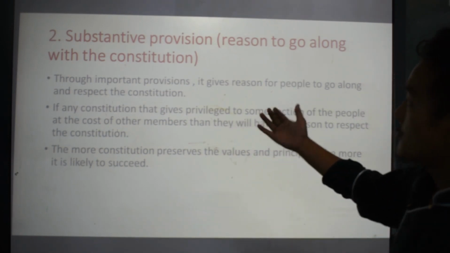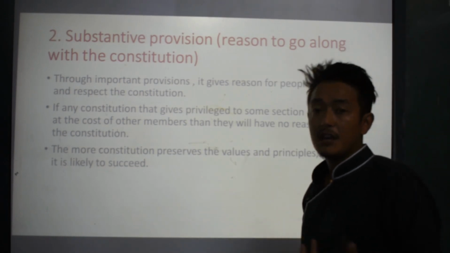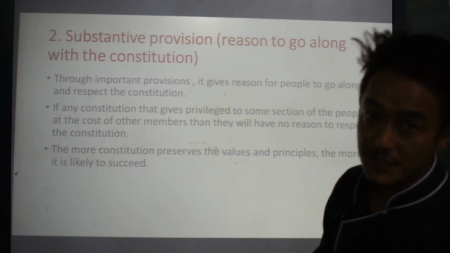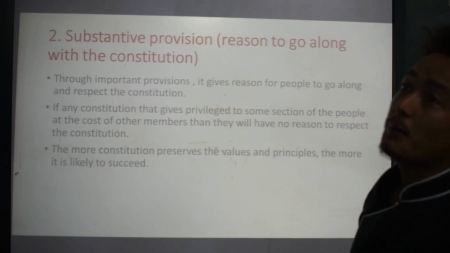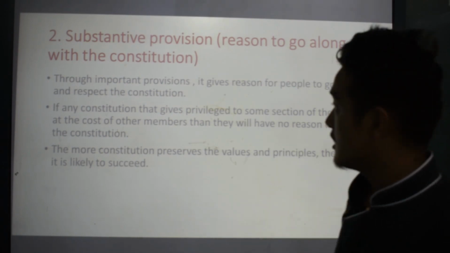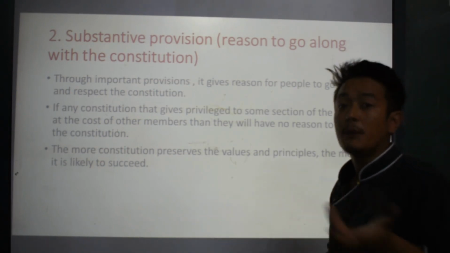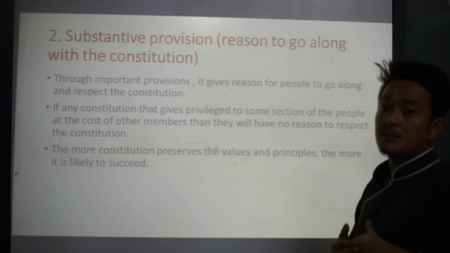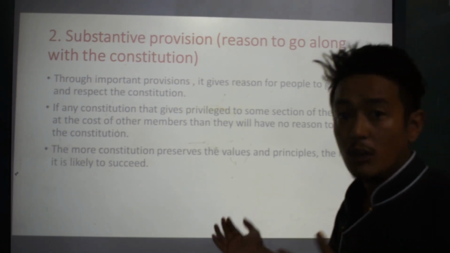For example, you must have heard about free and compulsory education for all children below 14 years, right? These are some of the important provisions through which poor sections of the people were able to get some benefits, right? And there are other provisions such as education for minorities. These provisions give the poor sections of the people a reason to respect the constitution and go along with it.